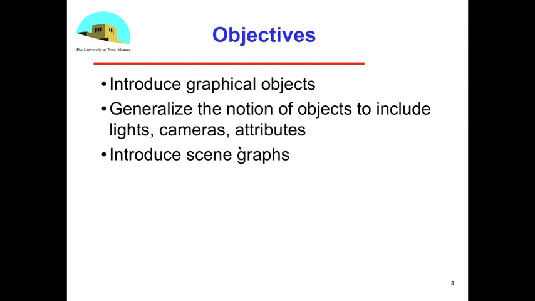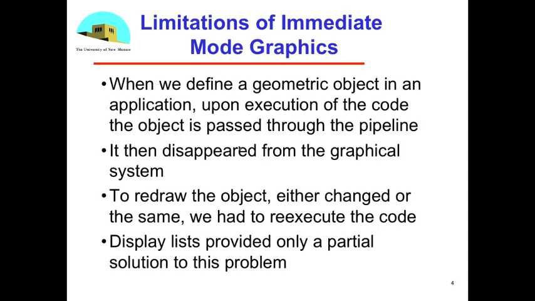Now, historically, the path to scene graphs started with the limits of immediate mode graphics. Even though we have been doing retained mode graphics, it's worth going back for a minute to remember that the original OpenGL systems and others were based on immediate mode. As soon as you specified a vertex, it immediately went through the pipeline and was joined with other vertices coming down to display objects, but there was no memory associated with it.